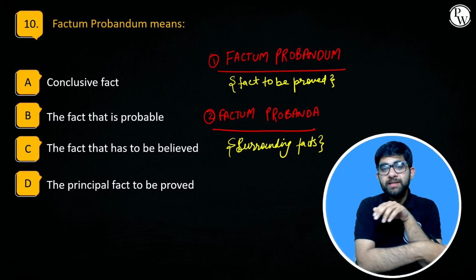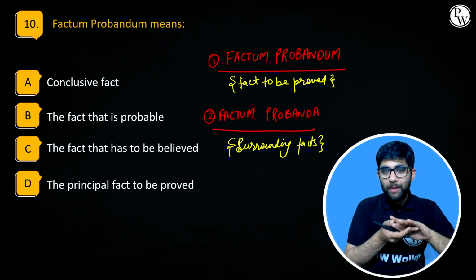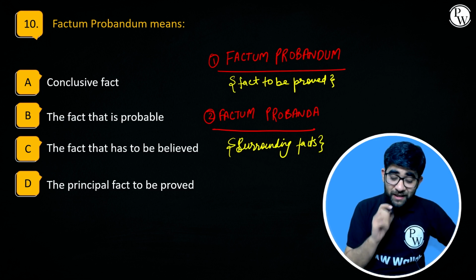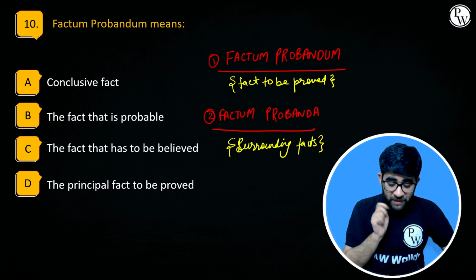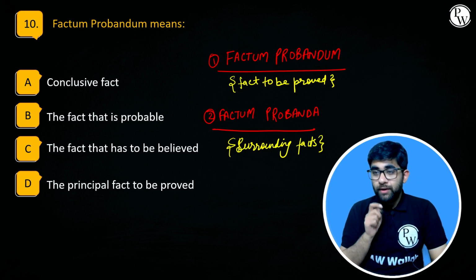So this is the principle of factum probandum and factum probanda. Answer to this is factum probanda means that the principal fact to be proved, right?